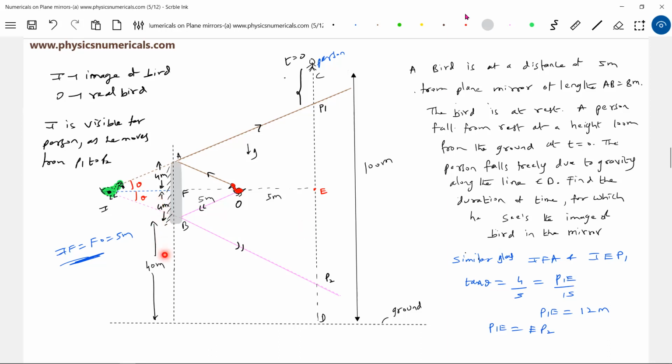In the 44 meter, you remove this 12 meter. I think it will be 32 meters. So this distance will be 32 meter, and this will be 12 meter, and this will be 12 meter.